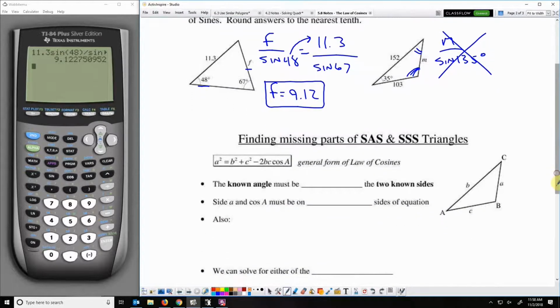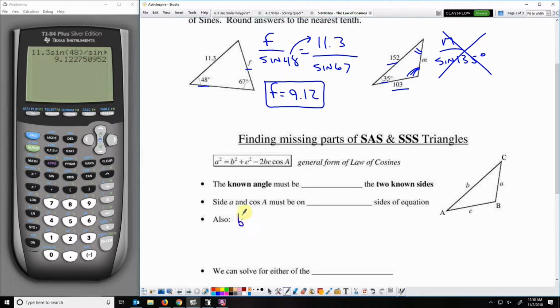Right, so when you have side angle side, which is what we had up here, or if you have side side side, you can solve that triangle using the law of cosines. a squared equals b squared plus c squared minus 2bc cosine A. So that's the general form. It can also be used to find b or c.